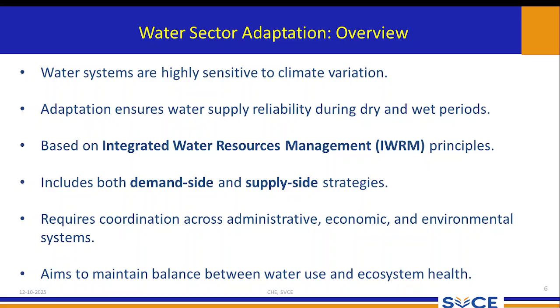Adaptation ensures water supply reliability during dry and wet periods based on integrated water resources management principles. What are integrated water resource management principles? Very important point. I'll explain what integrated water resources management is.